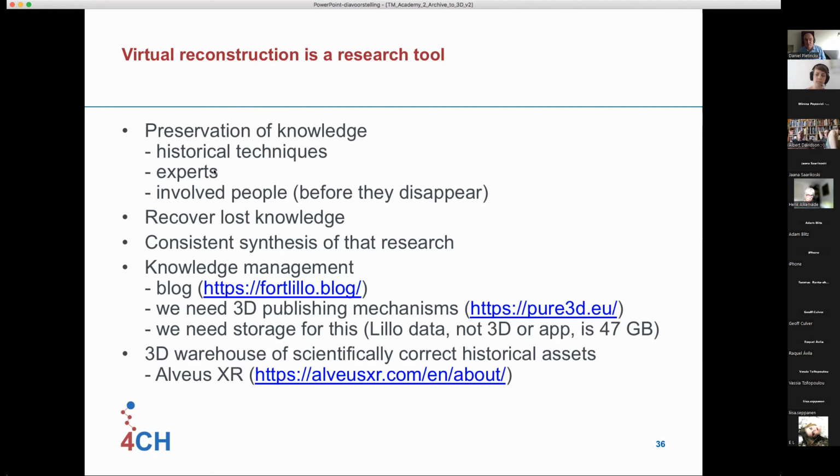We have experts that know certain things, and in many cases, those experts are also disappearing because these departments are under threat. Look how many archaeological departments have been closed in the UK. Look here in Belgium, the archaeological department of the city of Ghent has been closed, etc. So experts can disappear, and they do disappear.